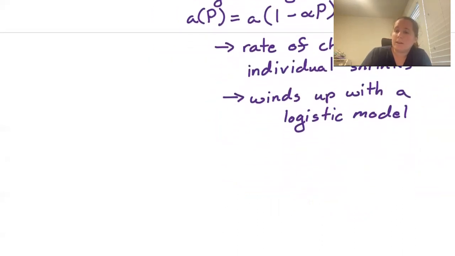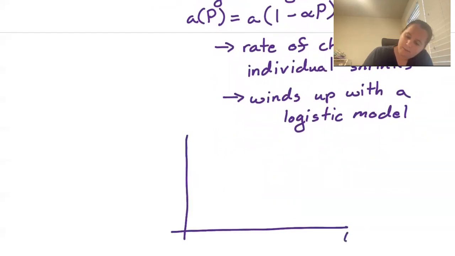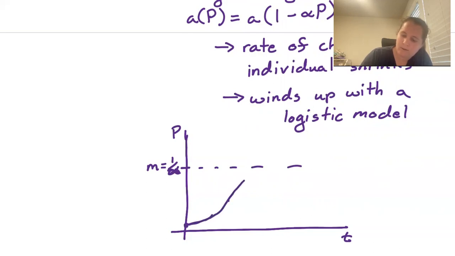But what I will do is just show what will happen. If here's our time versus our population size, and we mark where 1 over alpha or M is, if a population starts small, it will grow exponentially to start, and then it will level off and never pass.